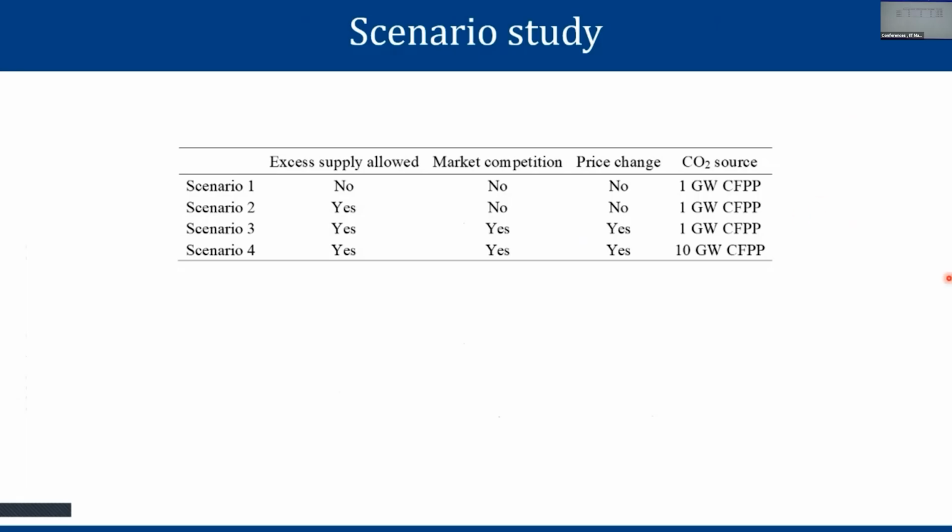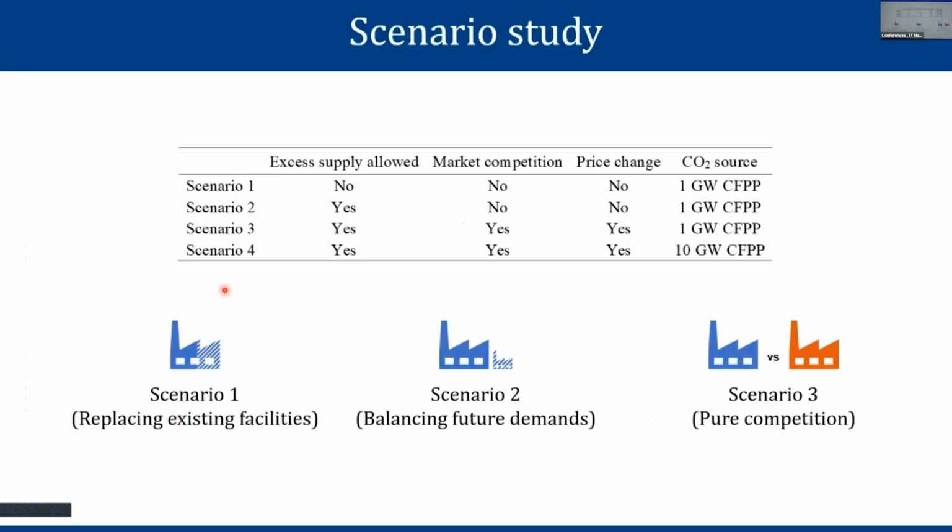So the first scenario is to replace the existing plants with CCU plants, and the second scenario is to balance the future demands by producing the products only from the CCU plants. And the third scenario is the pure competition between the existing plants and the CCU plants.